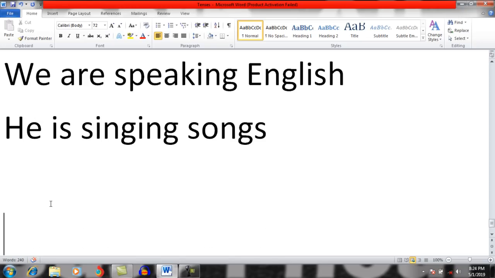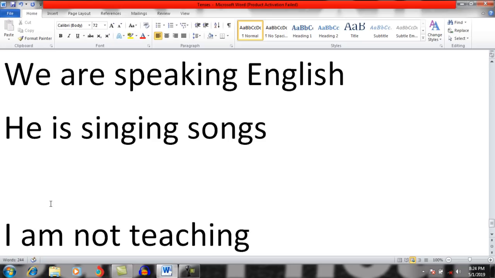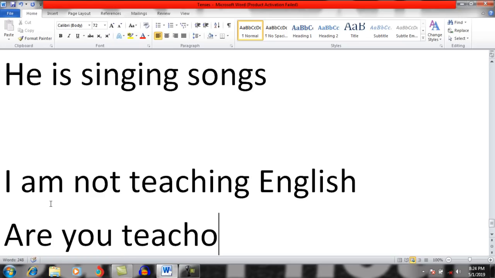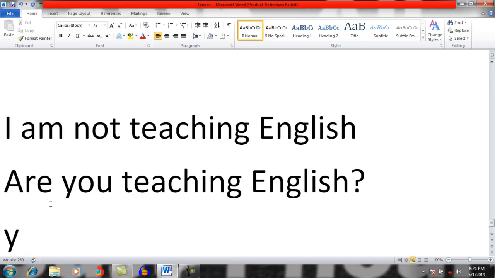This is quite easy to use in negative and interrogative cases. Whenever you want to make a negative or interrogative, you just have to put not, like this: I'm not teaching English. Whenever you want to make an interrogative, we just change it to the second person pronoun, like this: are you teaching English? Then we put a question mark. So there are two possible answers. Yes, I am.